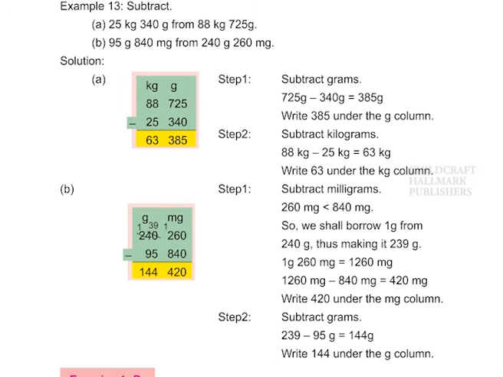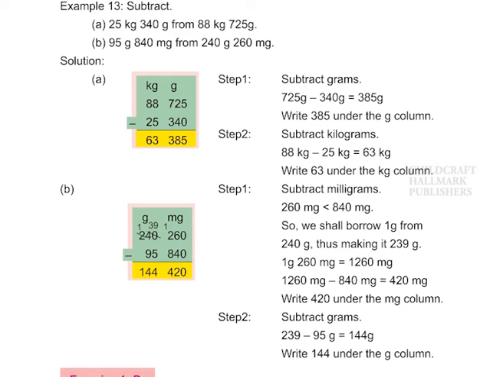Example 13. Subtract 25 kilograms 340 grams 95 grams 840 milligrams from 88 kilograms 725 grams 240 grams 260 milligrams. Solution. Step 1.